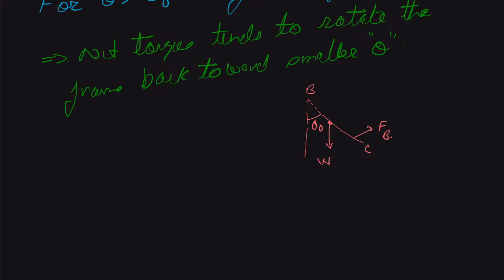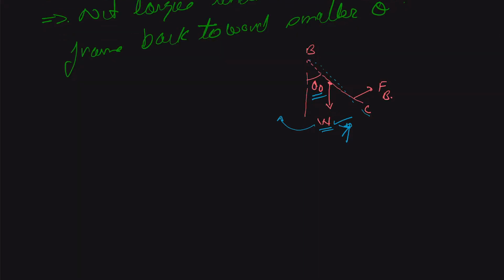So if the angle becomes greater than the equilibrium angle, the torque because of the weight is going to increase, so it will try to move back to its original equilibrium angle theta naught. That's the basic meaning of that. Therefore, we can say it is nothing but a stable equilibrium.